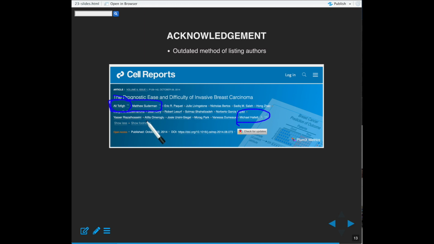Other people like here and here contributed samples from the clinic. I don't think their contribution is any less than ours. It's just different. Other people contributed technical prowess, right? They are the experts at DNA sequencing, for example. So we shouldn't necessarily have to say that their contribution is less.